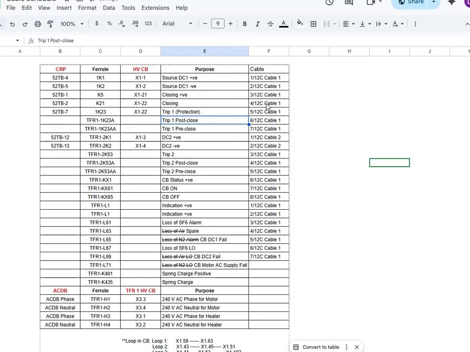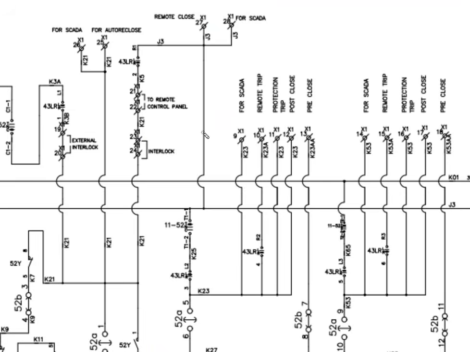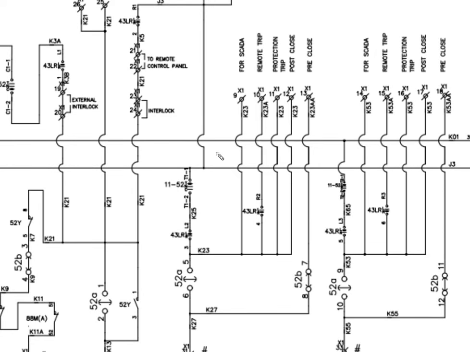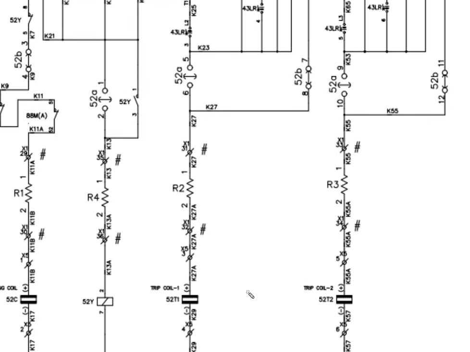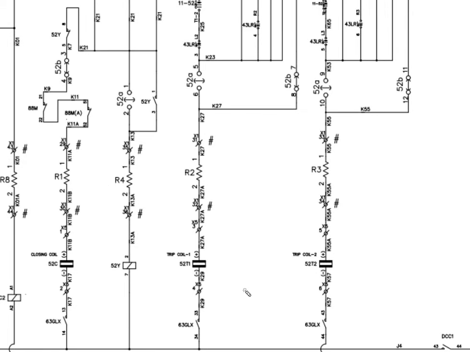Now there's something called pre-close and post-close. That is used for monitoring the healthiness of the tripping circuit. So what it does, it monitors the negative coming from the pre-close and post-close.